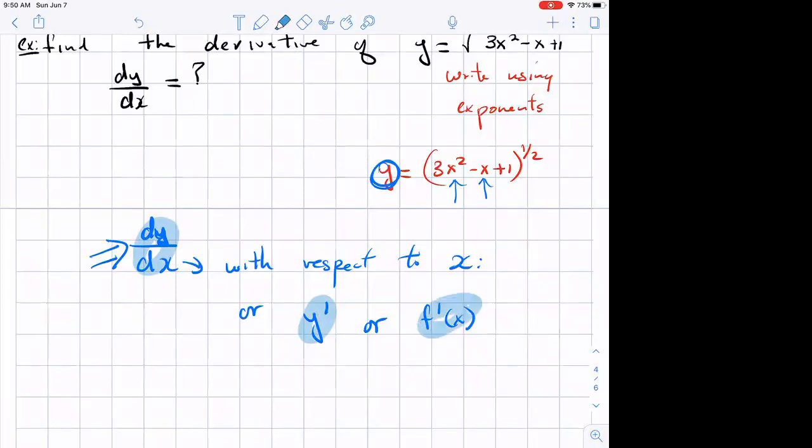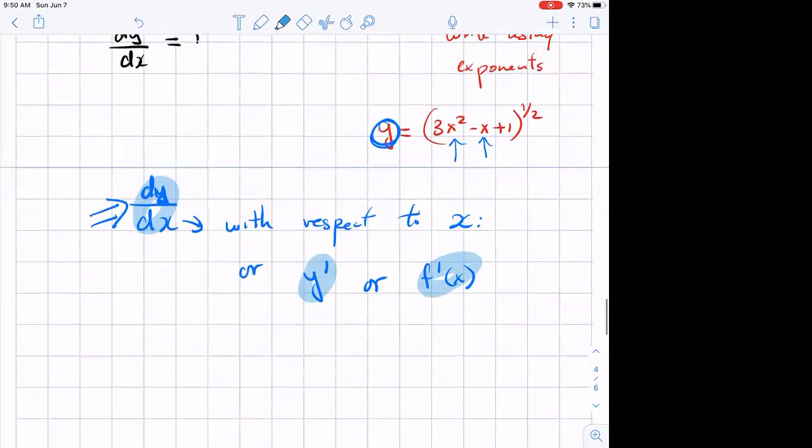They all have the same meaning. Keep in mind that if this variable was not x, you wouldn't say dy dx. If this variable is a p, then this would be dy dp, and it wouldn't be f prime of x, it would be f prime of p.